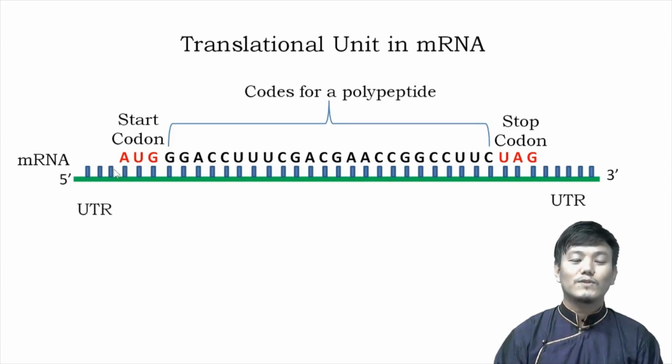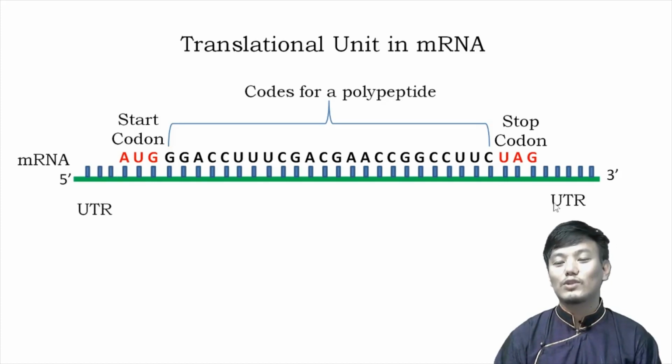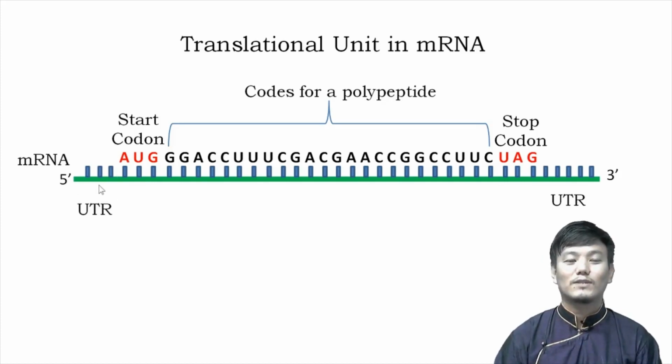But there are other regions which are not translated, and these regions are called UTRs, or untranslated regions. Untranslated regions are present at the 5' side as well as at the 3' side. So this is the translational unit, from AUG to UAG.